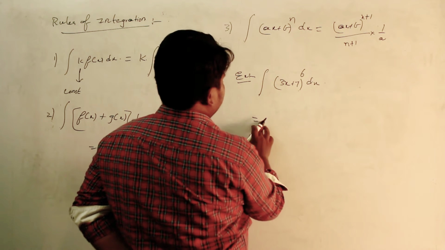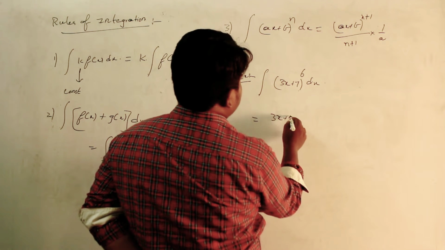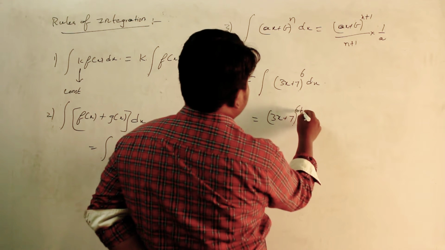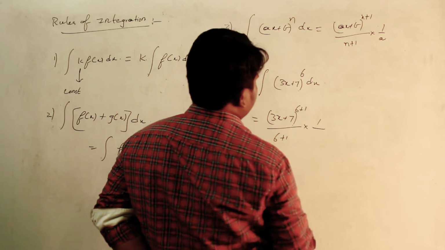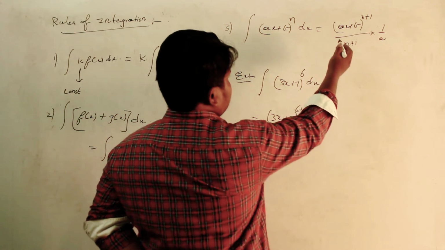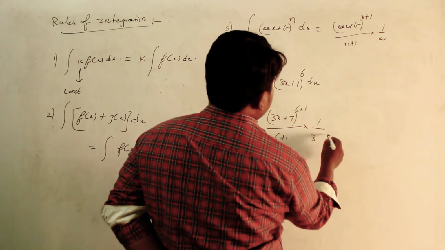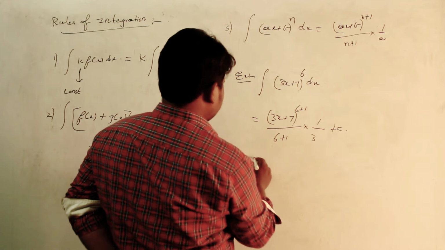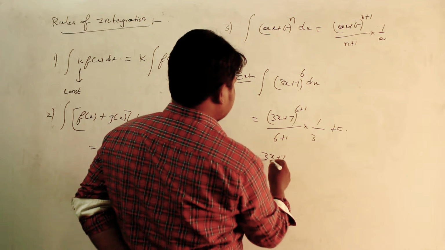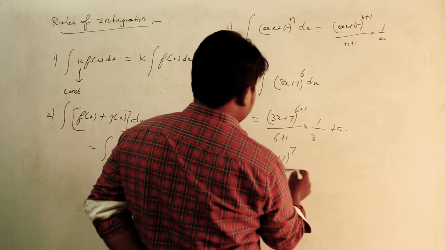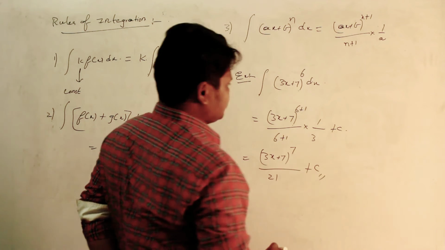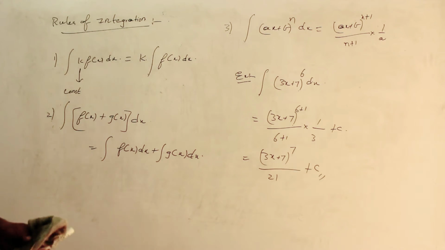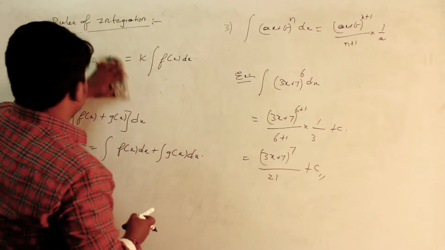This can be written as 3x plus 7 whole power 6 plus 1 divided by 6 plus 1 into 1 by a. What is a here? a is the coefficient of x, which is 3, plus c. Therefore, 3x plus 7 whole power 7 divided by 7 threes are 21, plus c. This is our answer. Let us see some more examples of this one.